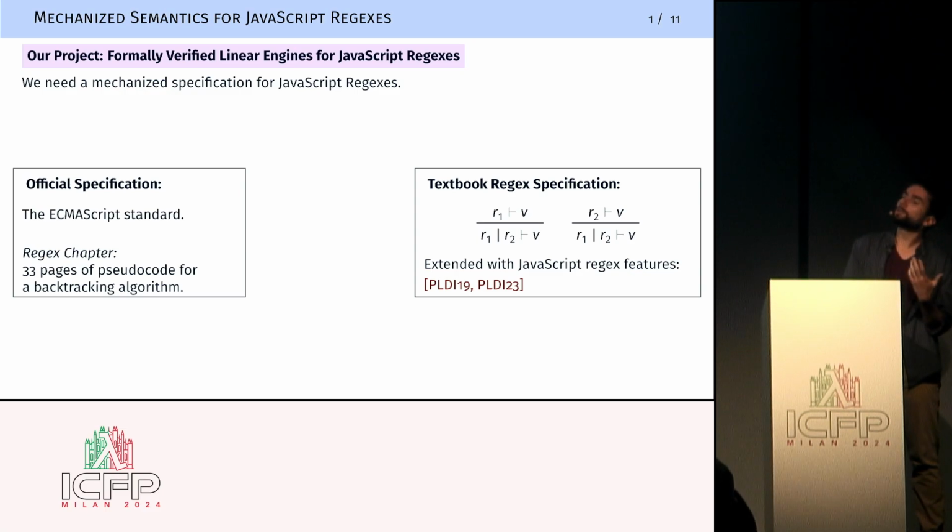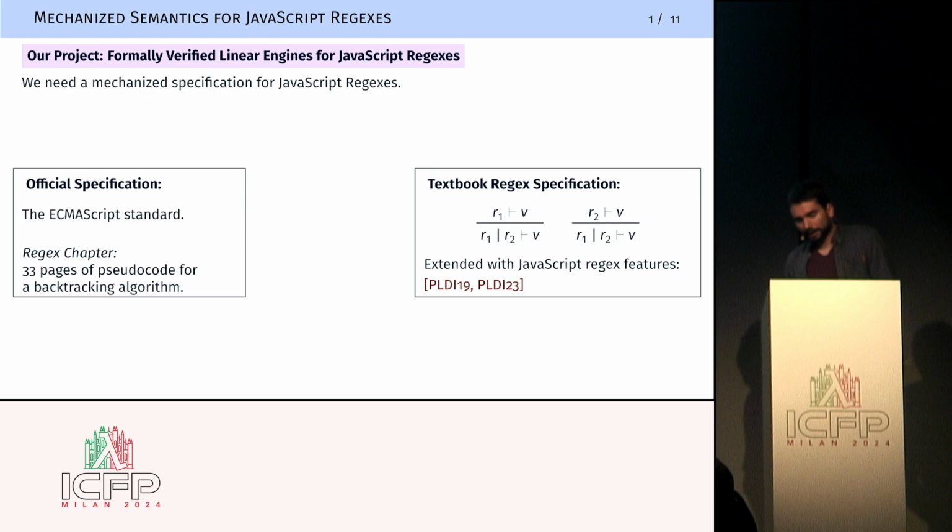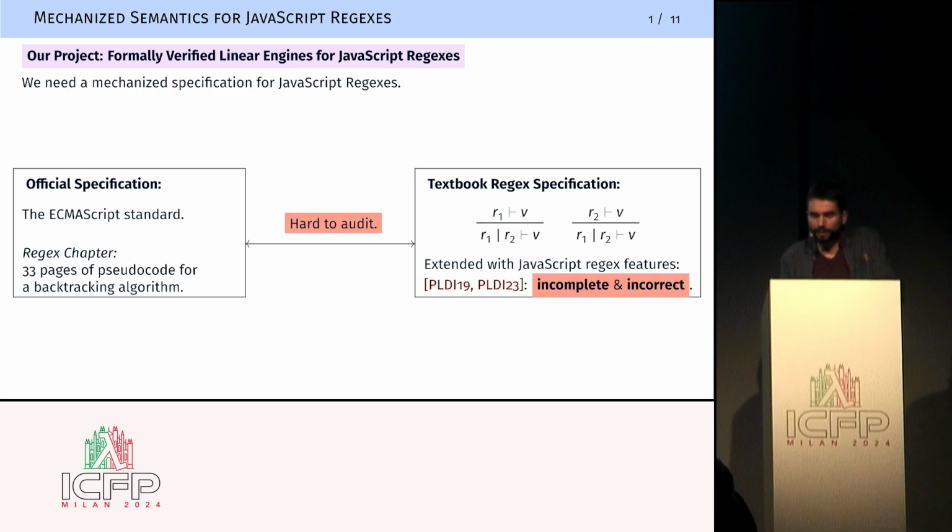Of course, it contains a 33 pages chapter of pseudocode to tell you how to execute JavaScript regexes. And if we look at those two, the backtracking algorithm of the ECMAScript standard and those inference rules on the right, we quickly realize that those two things are widely different.